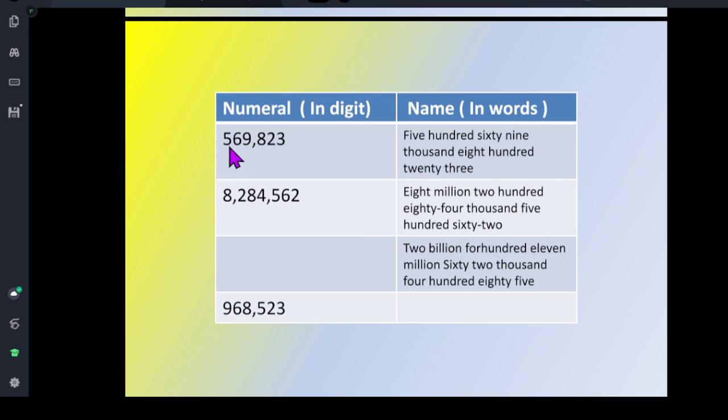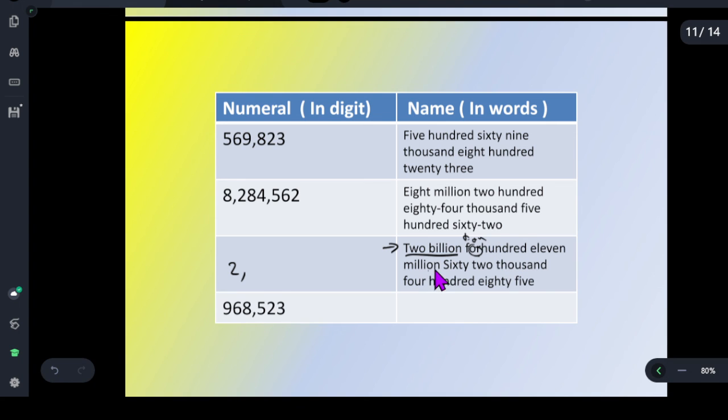Now you can see here 569,823. How do you write 2,411,062? 2 billion. I will write 2, then a comma, then 4. There is a spelling mistake; it is 4.